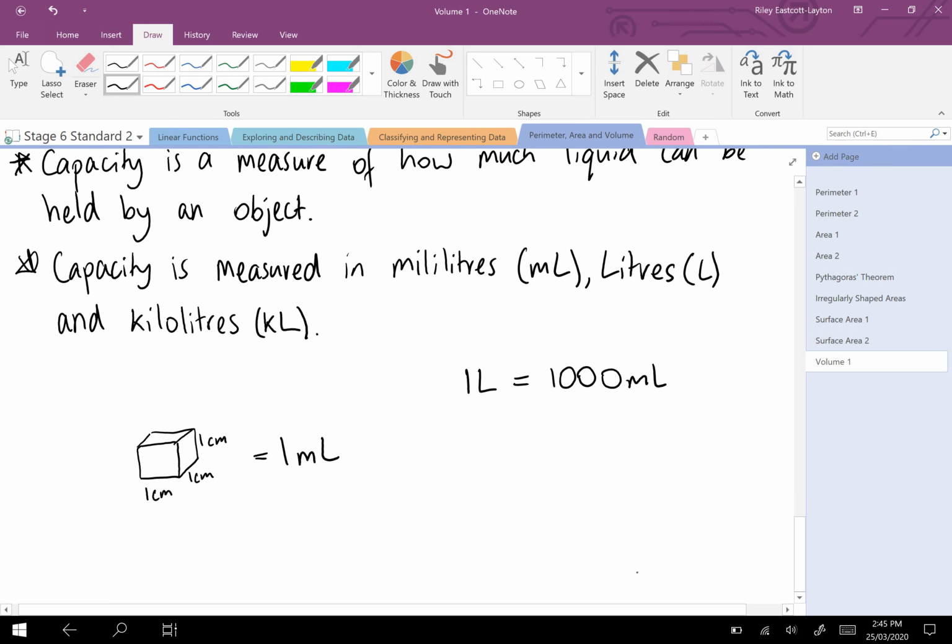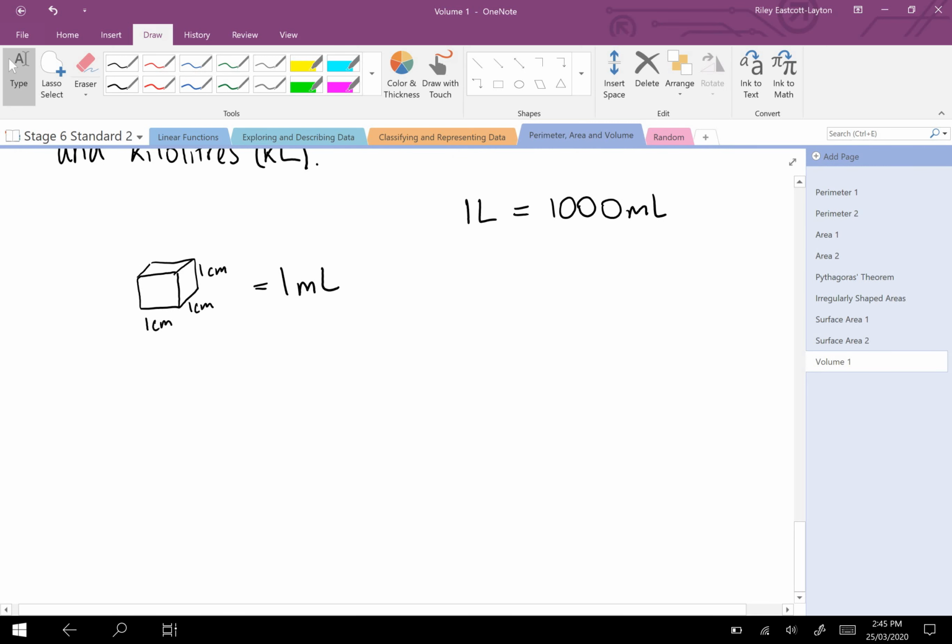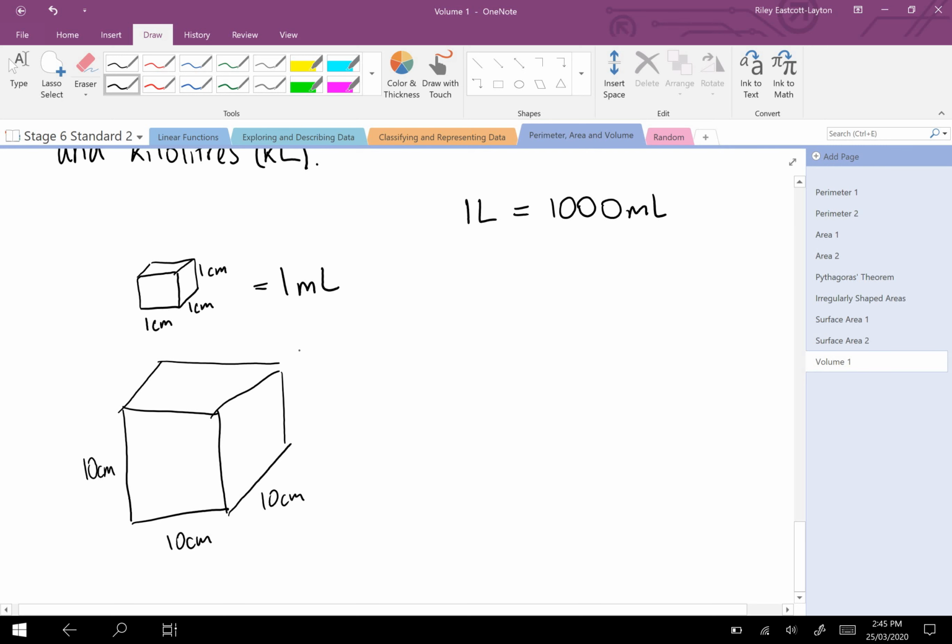So what we're actually going to find is that 1 litre is made up of 1,000 centimetres cubed, and 1,000 centimetres cubed is actually made up of 10 centimetres by 10 centimetres by 10 centimetres. Jeez, that's a dodgy cube.